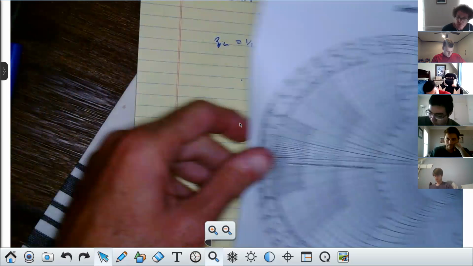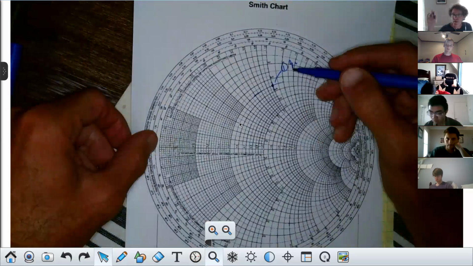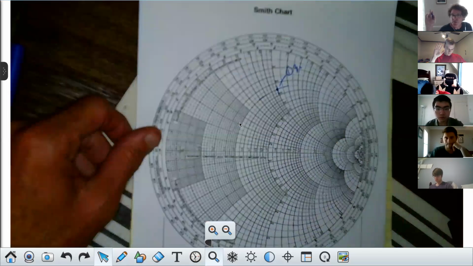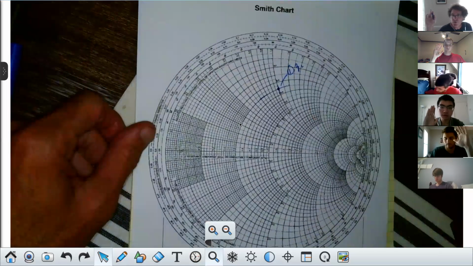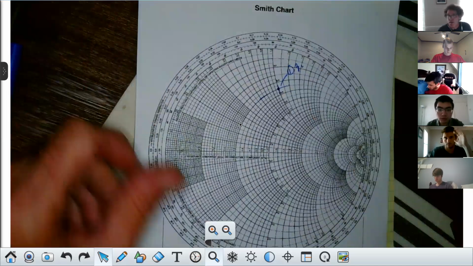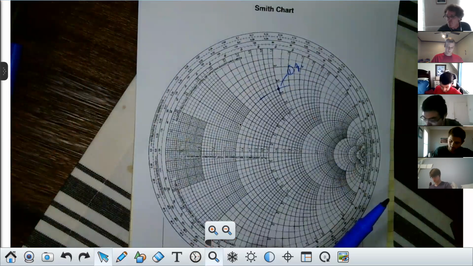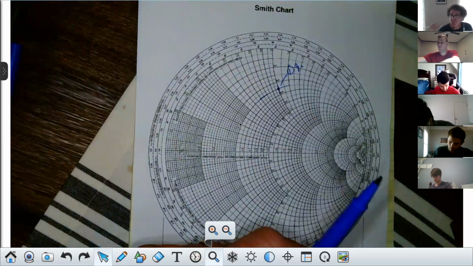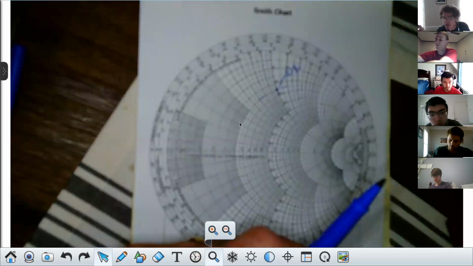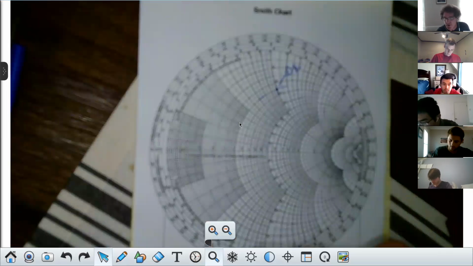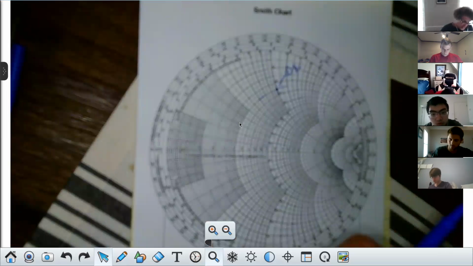Y'all see where that is? How many see that right now? Let me get a look at your faces. If you're doing it, go ahead and do it. It's best you make sure you find that point. You got it, Caleb? Carlin, can you see it? All right. And always put the 1 there.